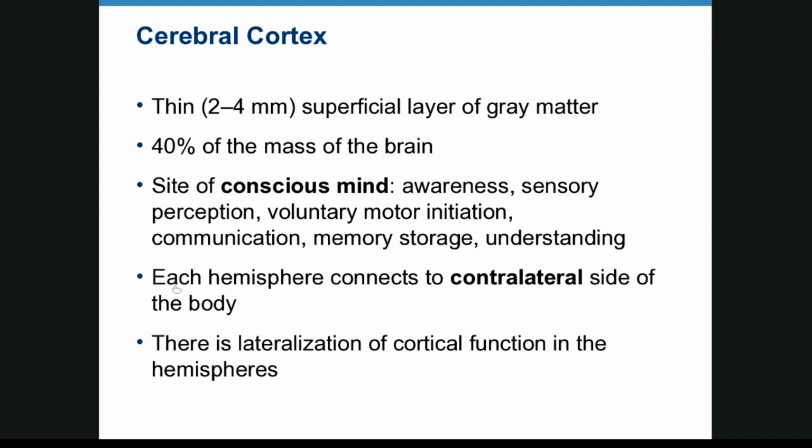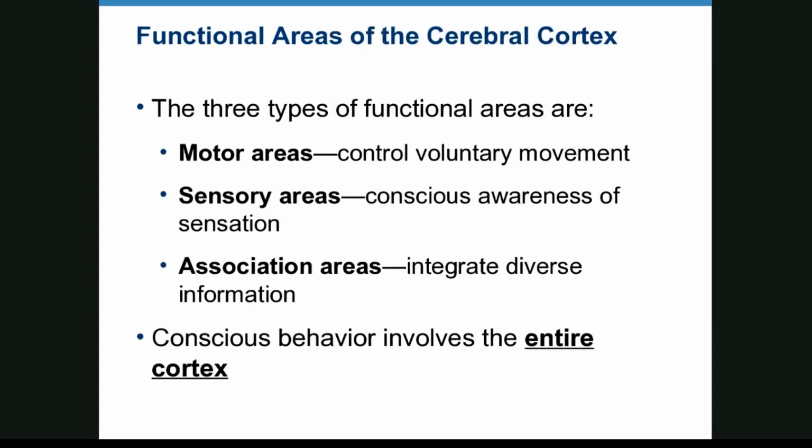And each hemisphere connects to the contralateral side of the body. That means the other side. And there is some lateralization of cortical functions. The left has a few things the right doesn't have, vice versa.